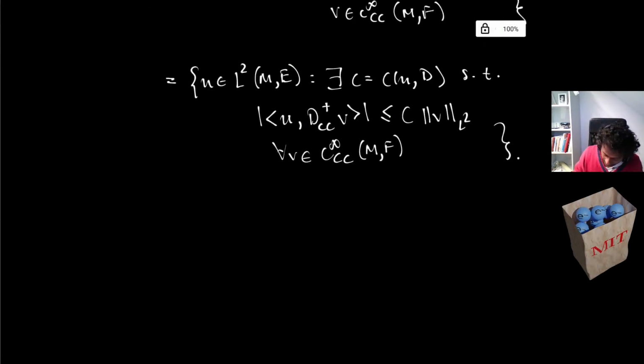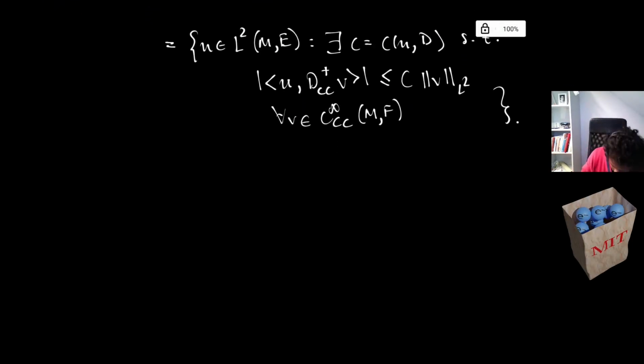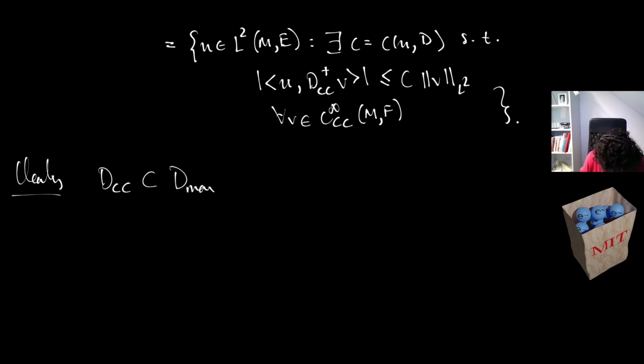So clearly what we have is the following. As operators, we have D CC is contained in D max, and D CC is contained in D max dagger. Okay? So what do we mean? Let's just recall what we mean by this.